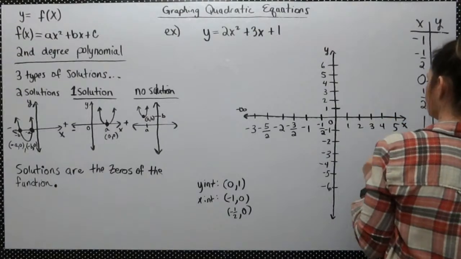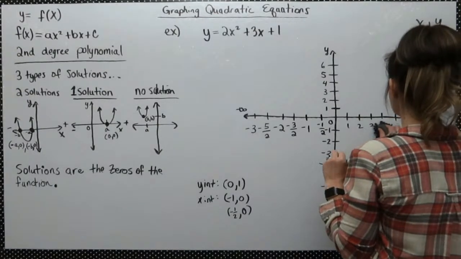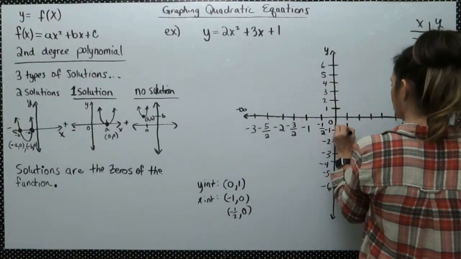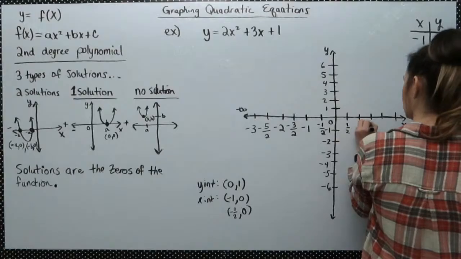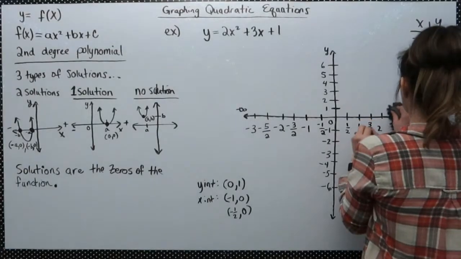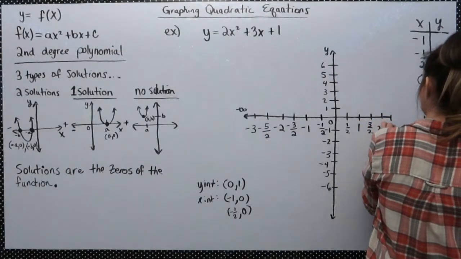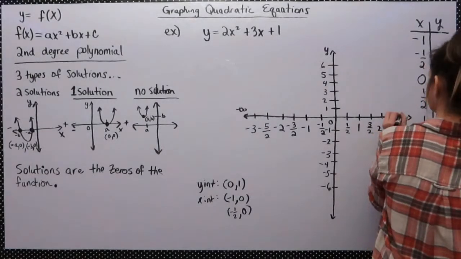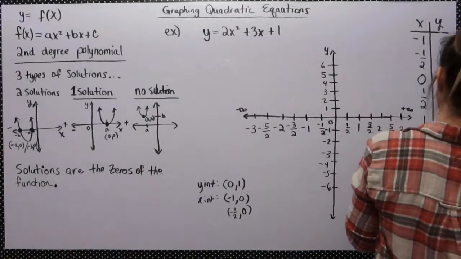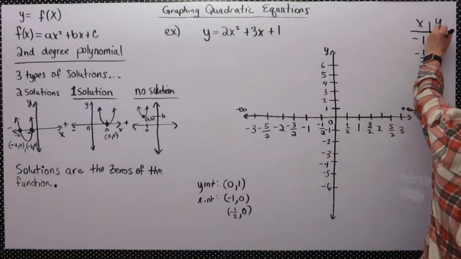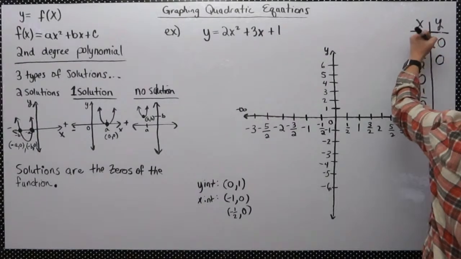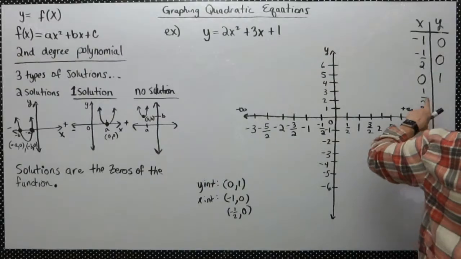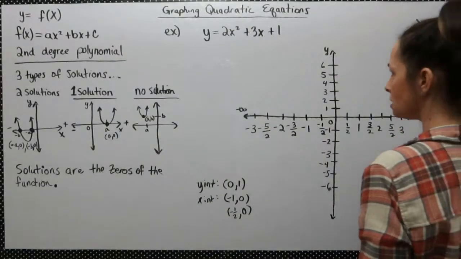I want to be symmetric in my scale here. 1/2, 1, 3 over 2, 2, 5 halves, and 3. Good. All right, so we found at -1 it was 0, -1/2 it was 0, 0 it was 1, and then we don't know about 1/2 and 1 yet. We'll plug those values in.